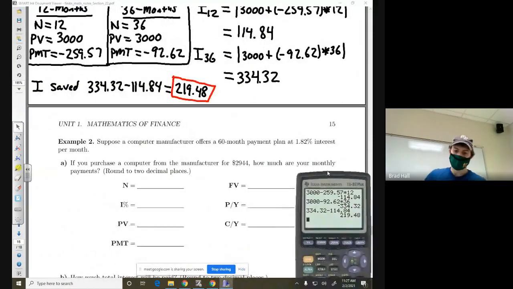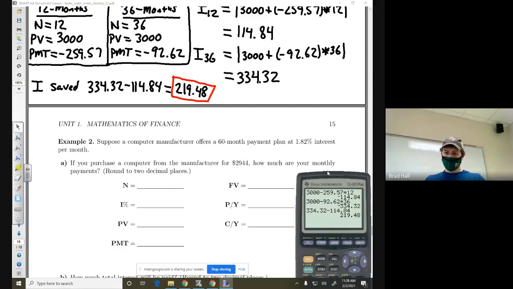So example 2, suppose a computer manufacturer offers a 60-month payment plan at 1.82% interest per month. If you purchase a computer from the manufacturer for $2,944, so pretty expensive computer to say the least, how much are your monthly payments? Round to 2 decimal places.